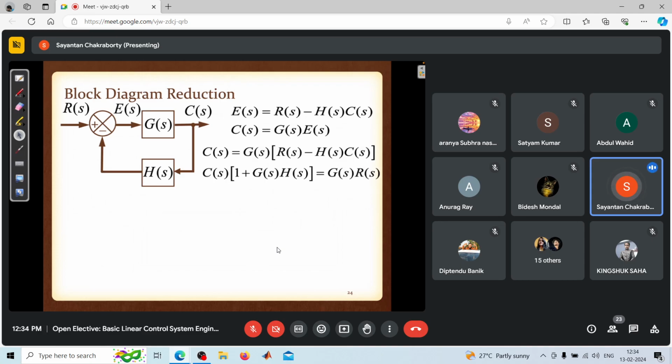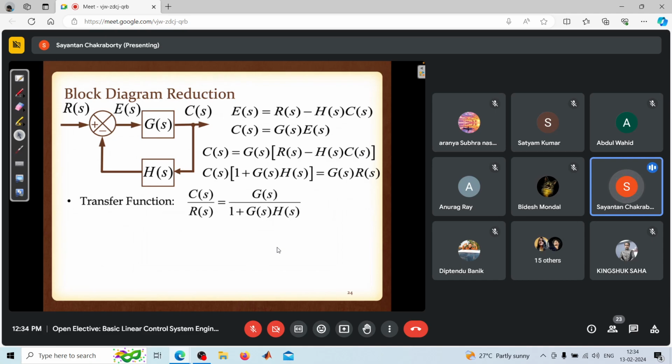Now from these two equations, you can write C(s) as G(s) into (R(s) minus H(s)C(s)). If you take C(s) all together to the left, we get C(s) into (1 plus G(s)H(s)) equal to G(s)R(s). So the transfer function C(s) by R(s) will be G(s) by (1 plus G(s)H(s)).